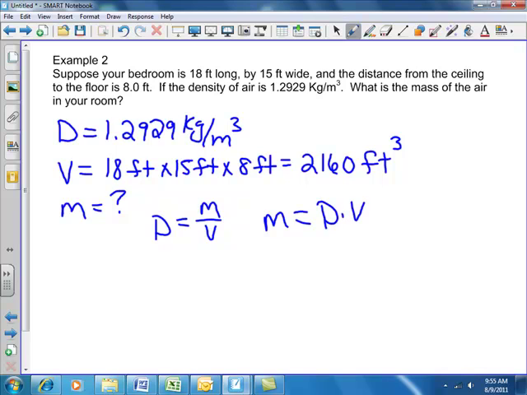Except again, I have a unit problem: I have cubic feet here, and I have cubic meters here. I will not be able to directly use those two. So I'm going to have to take this 2,160 feet cubed and convert that to meters cubed.